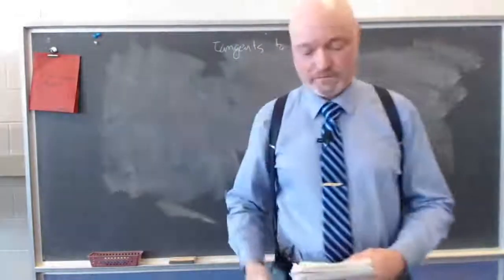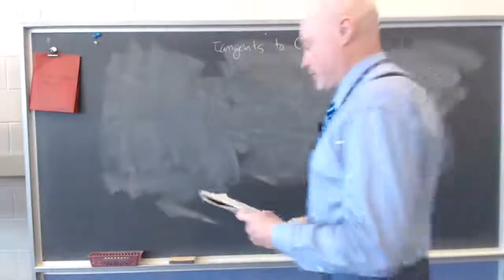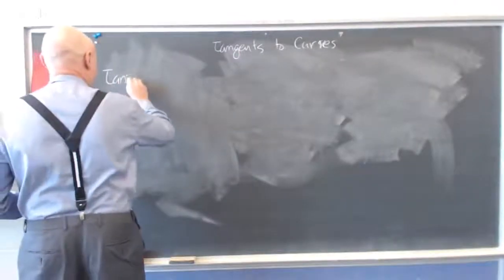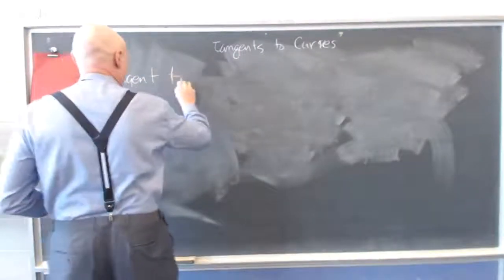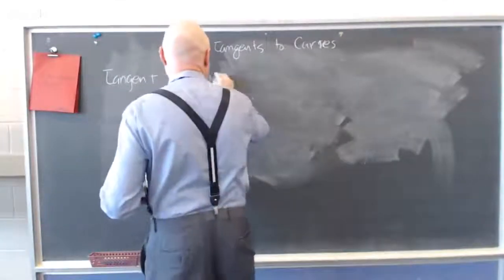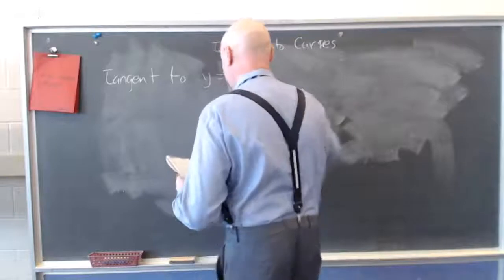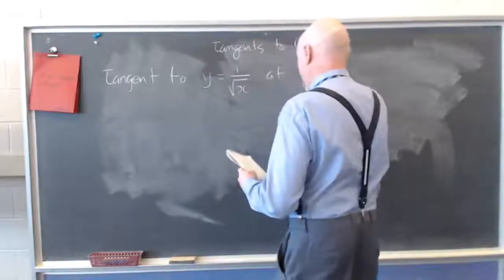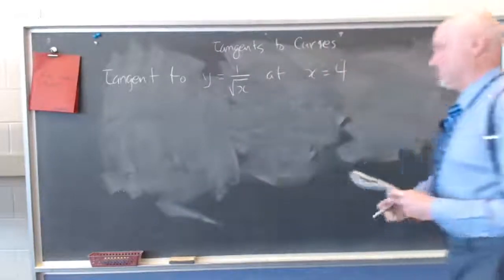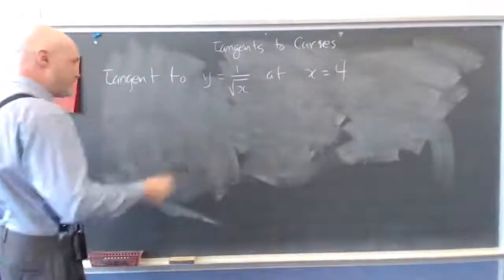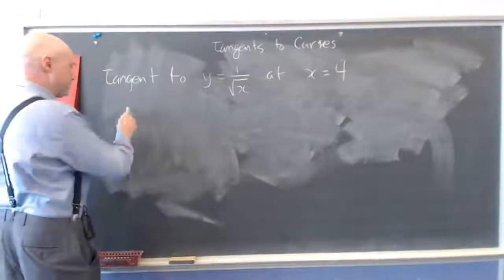That's true. Okay. So let's find the tangent to y equals 1 over the square root of x at x equals 4. When x is equal to 4, we can calculate our y coordinate pretty quickly.